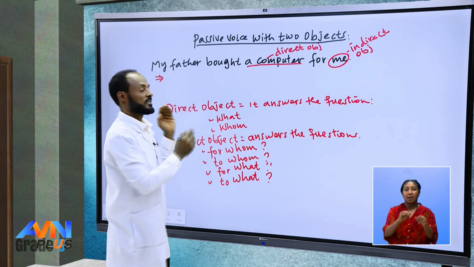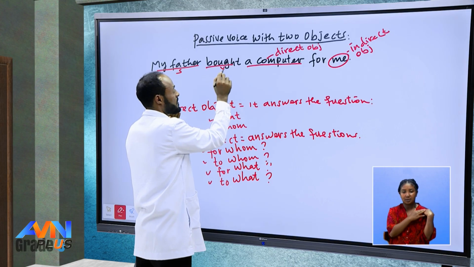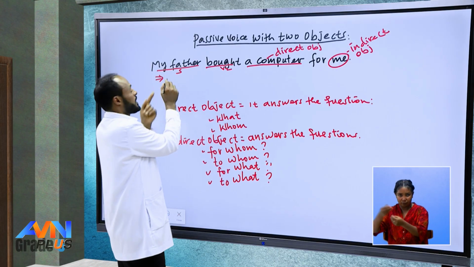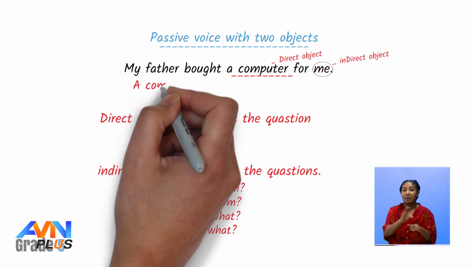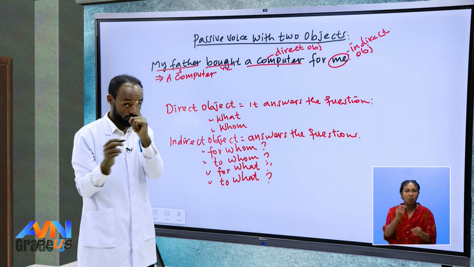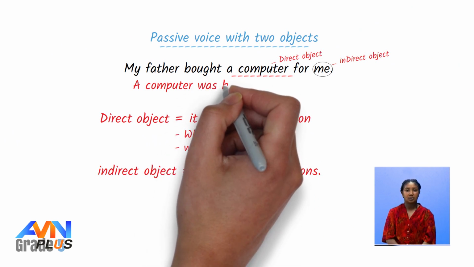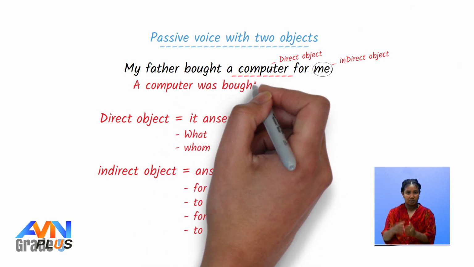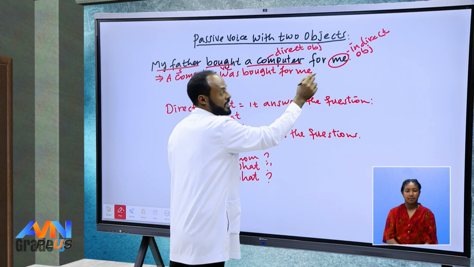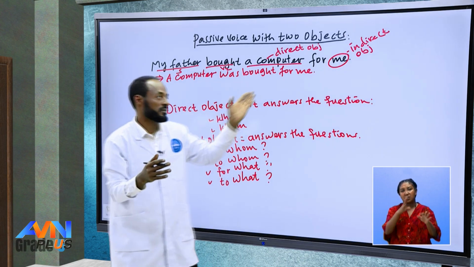A computer. How many computers? One computer. So a computer was bought for me. If necessary, by my father, we can say. If necessary, we can add it.